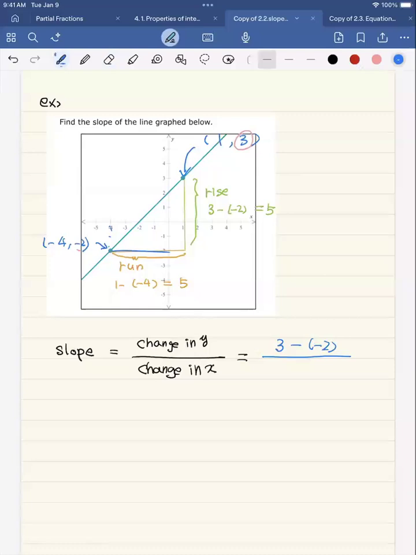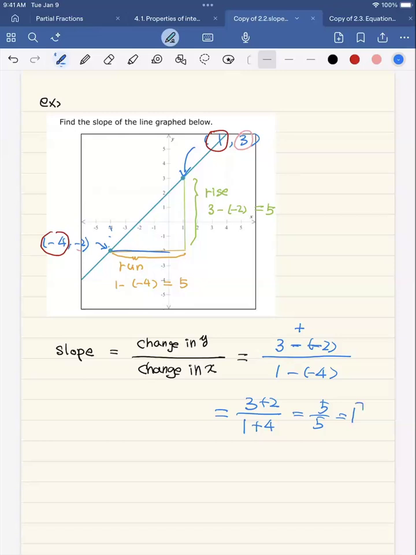And change in x is 1 minus -4. This one will make plus because minus will make plus. So 3 plus 3 over the same happens in the denominator. So it becomes 1 plus 4. So 6 over 5.